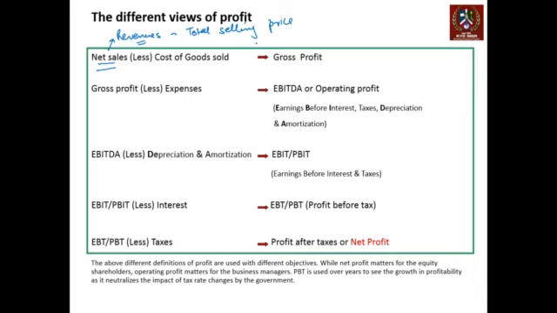Now, from this total selling price, if you remove the cost of goods sold, this is also known as COGS. Cost of goods sold is only the cost incurred in producing the good or service, right?